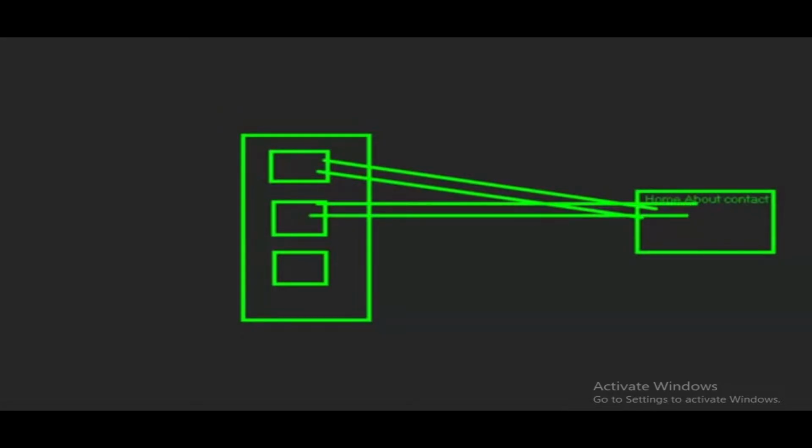If the user clicks on contact us, one more request is sent to the server and that response comes back to the browser. Like that, for every page, every selection, a request goes to the server and the response comes back to the browser.